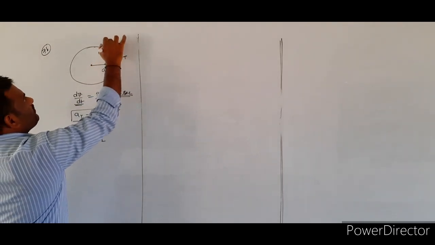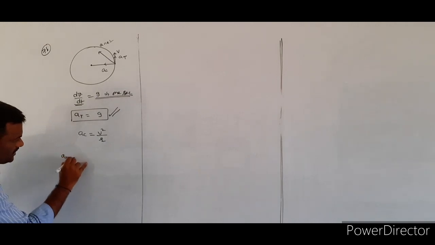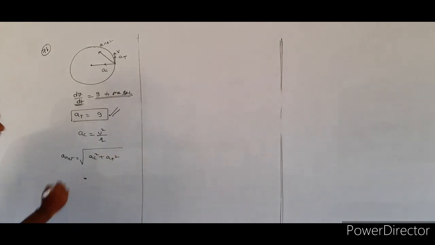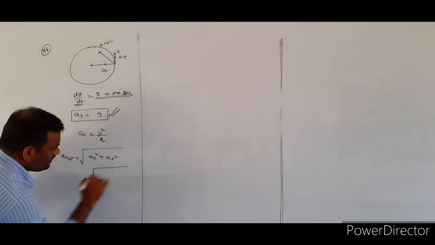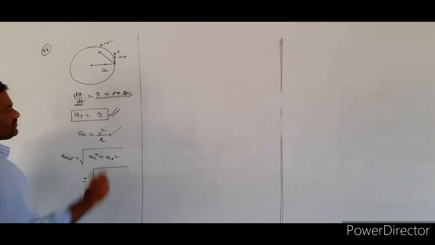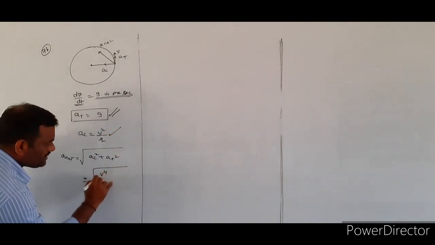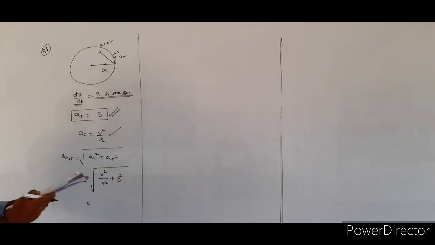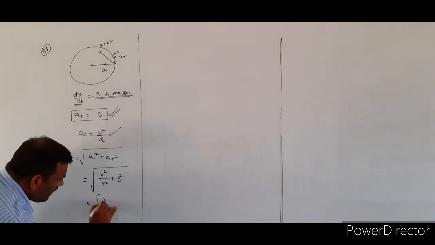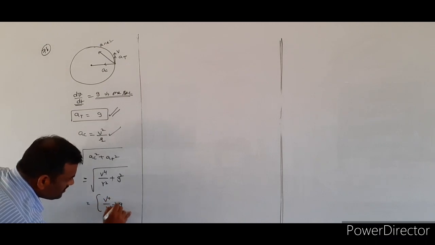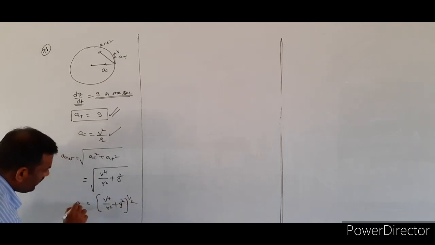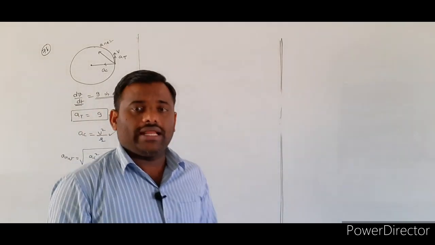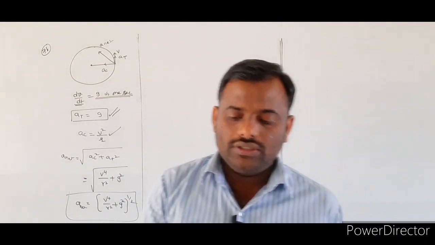The net acceleration is equal to under root of a c square plus a t square. A c is equal to v square by R, so squaring gives v power 4 by R square plus g square. According to the given options, it is (v power 4 by R square plus g square) whole power 1 by 2. So this is the net acceleration value.